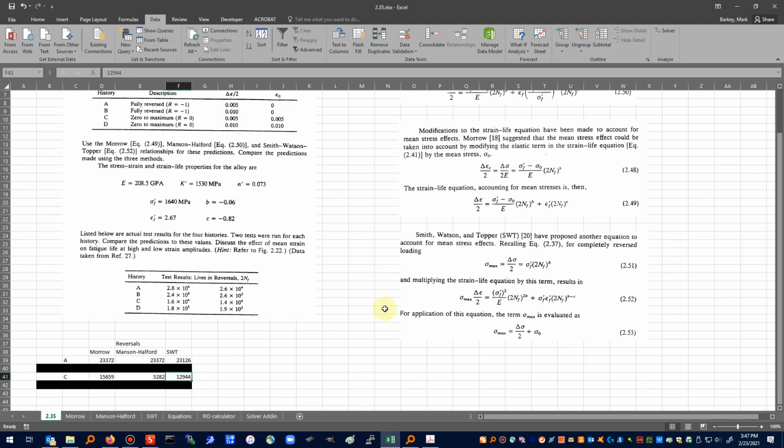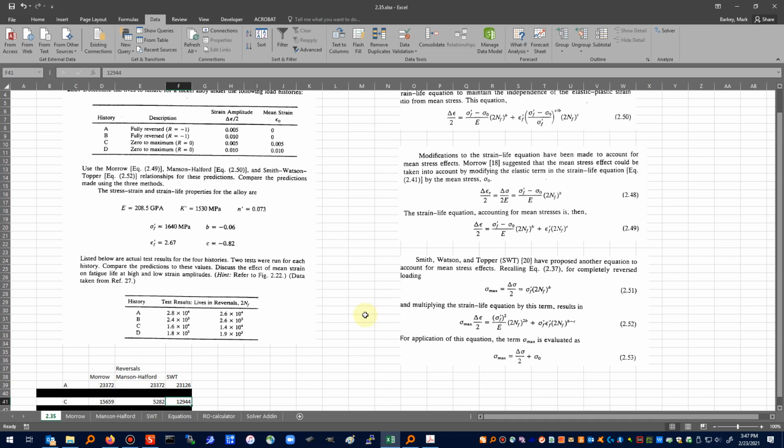So let's see, I think that is the majority of what we wanted to talk about for this particular problem. Beyond doing these calculations, do the compare part, do the discussion part, and remember, I'm looking for something more than saying, yeah, it looks good.